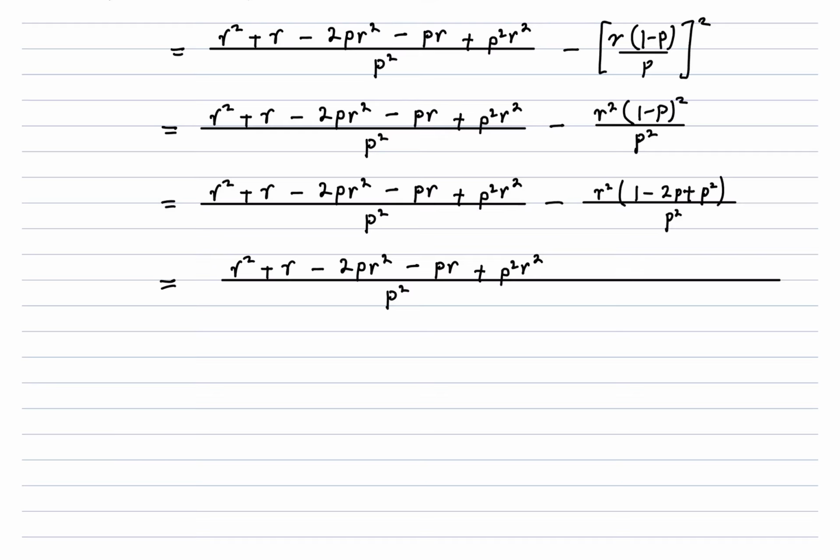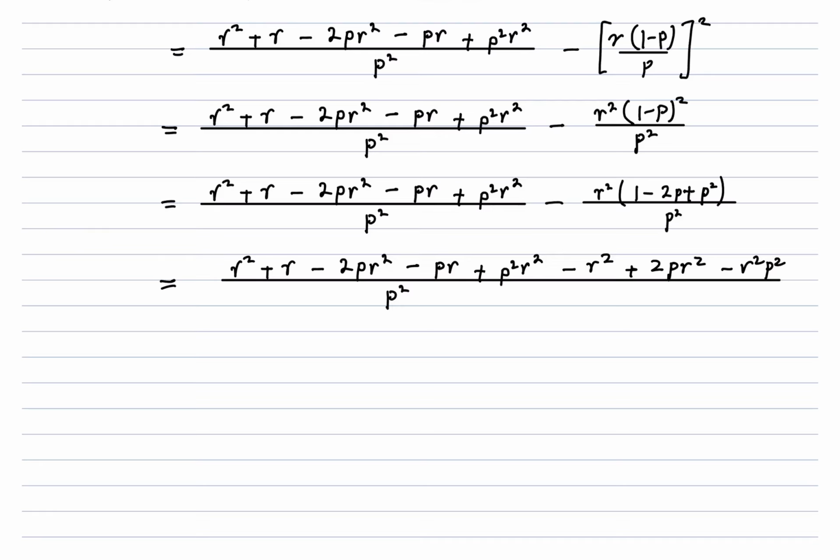And that few more terms will be minus r squared times 1, so we've got a minus r squared. We have a minus r squared times negative 2p, that'll give us plus 2pr squared. And then finally we'll have a minus r squared times p squared, which will give us minus r squared p squared.